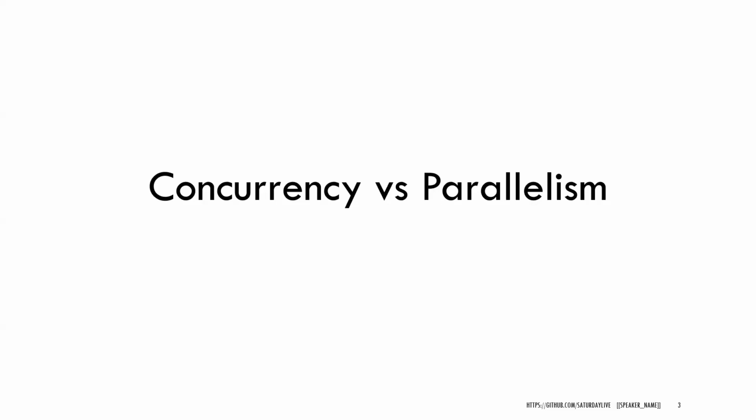But if each of these threads gets its own dedicated CPU core, then we can run different threads in parallel. That is the meaning of parallelism. At the core, we need multiple cores to be able to run parallelism. So this is the difference between concurrency and parallelism.